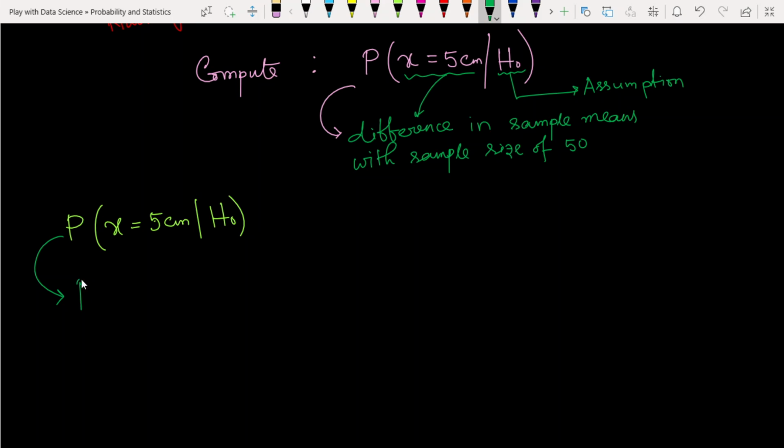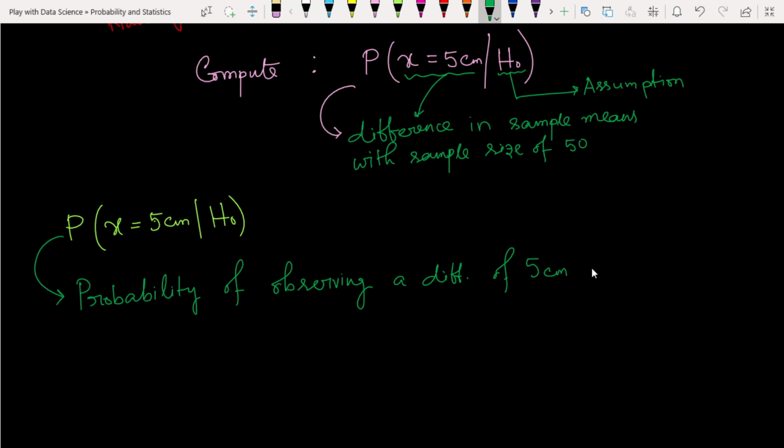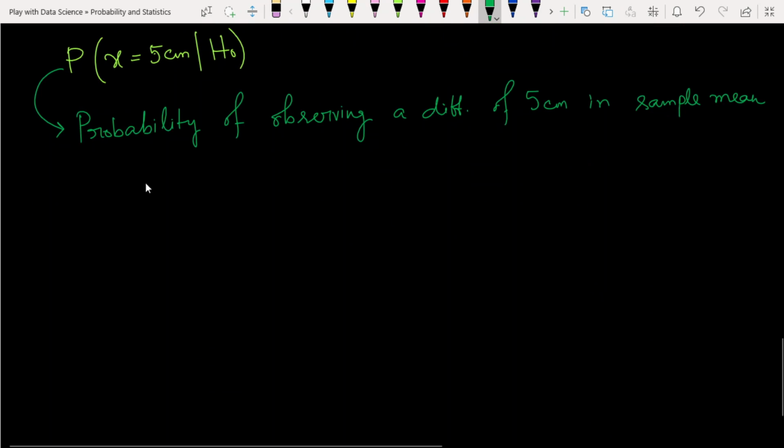This means the probability of observing a difference of 5 centimeter in sample mean. We have to find the probability of observing a difference of 5 centimeter in the sample mean heights.